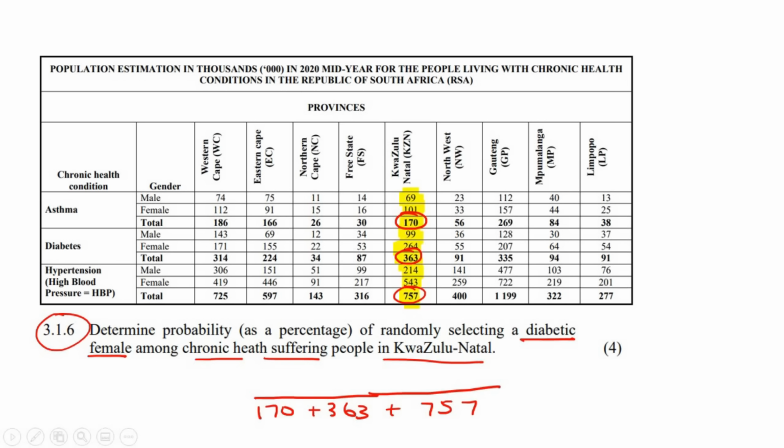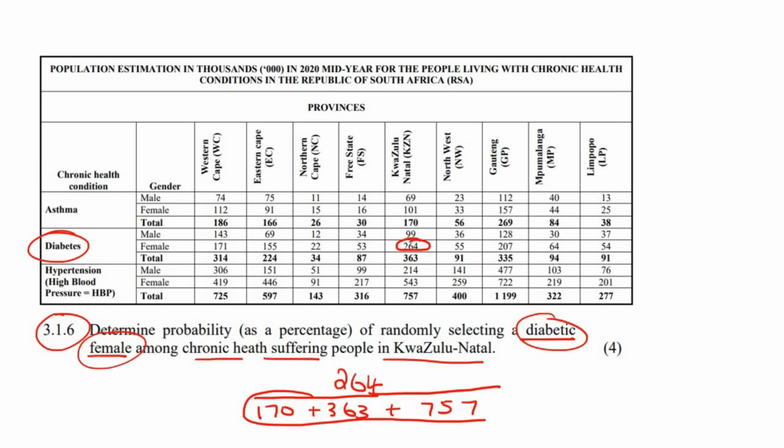Now, they said choosing a diabetic female. So we're going to go to diabetes, and to female specifically, in KwaZulu-Natal, and that would be 264. So 264 out of all of the people suffering with chronic health conditions in KwaZulu-Natal, and then we're going to times that by 100 because we would like it as a percentage.